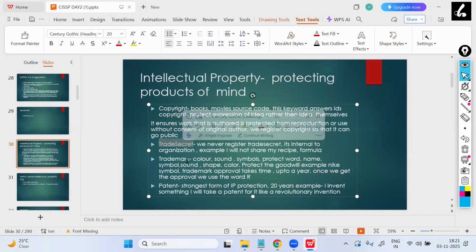Trademark is related to color, sound, symbol, protecting the word, name, shape, protecting the goodwill. For example, if you see Nike, Jordan, Puma, or any other popular organization, they have a symbol and that is very important to them.